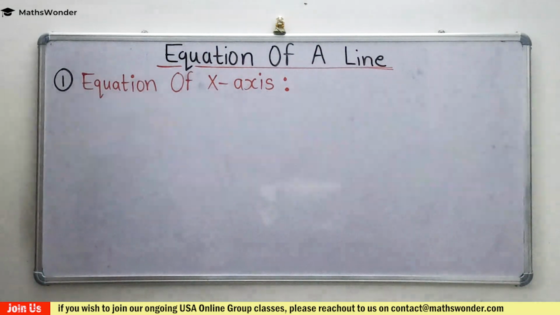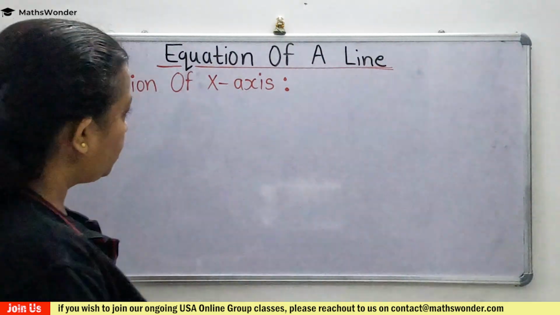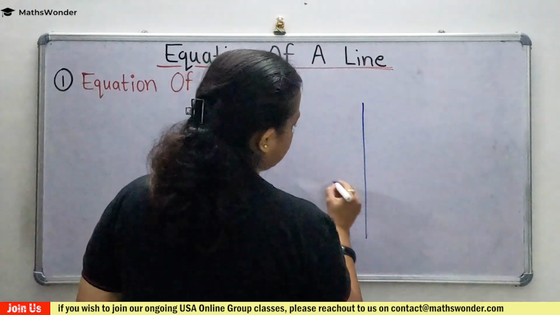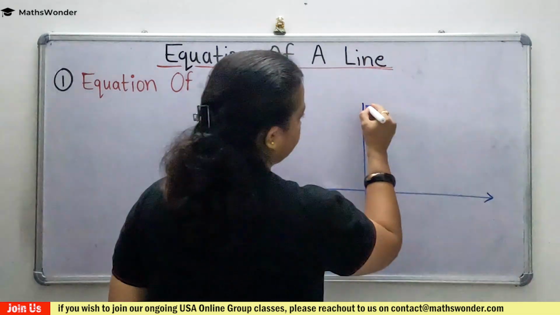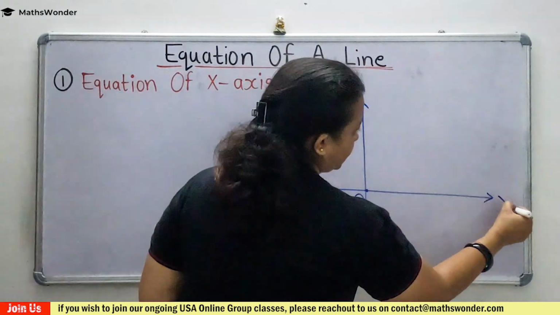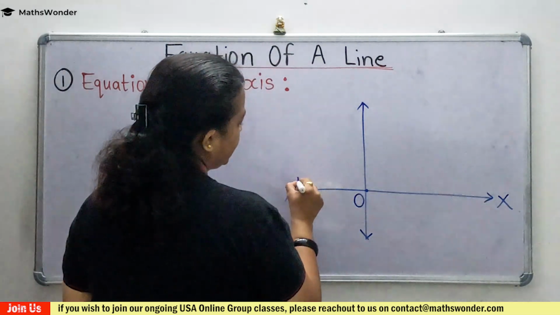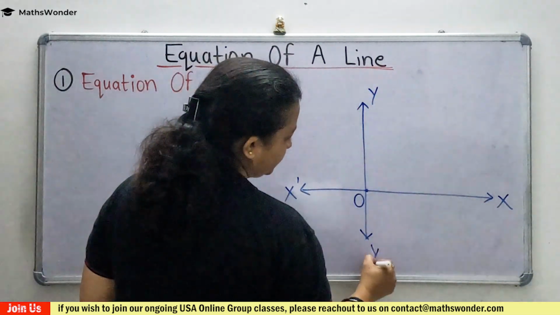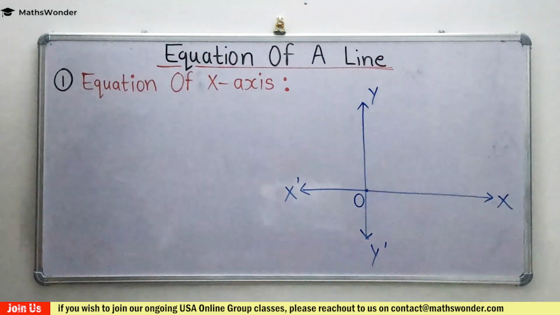Okay. First is the equation of the x-axis. We know that the ordinate of each point on the x-axis is 0. Suppose your diagram is like this: this is x, this is x dash, this is y, this is y dash, right?